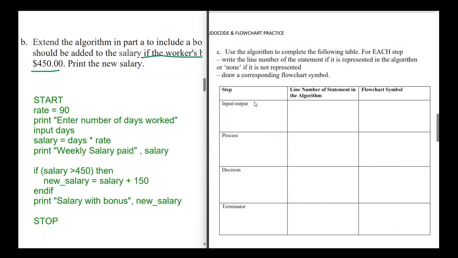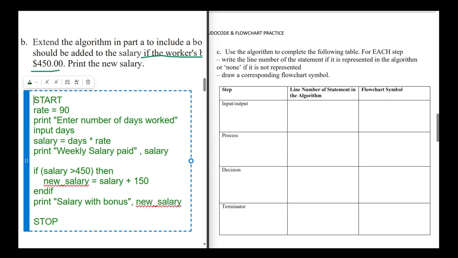First one says input output and tell which line number the statement is in. So we look at our algorithm, right? Do we have any input or output? To move faster, I won't number the lines. What I'll do is just copy the line, right? So we're looking for input output. We know that this line is an output, right?